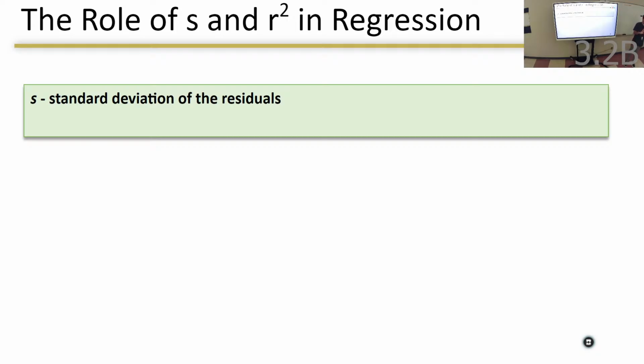Standard deviation is the average distance from the mean. A residual is the distance from the point to the line. So the standard deviation of the residuals must be the average distance the points are from the line.